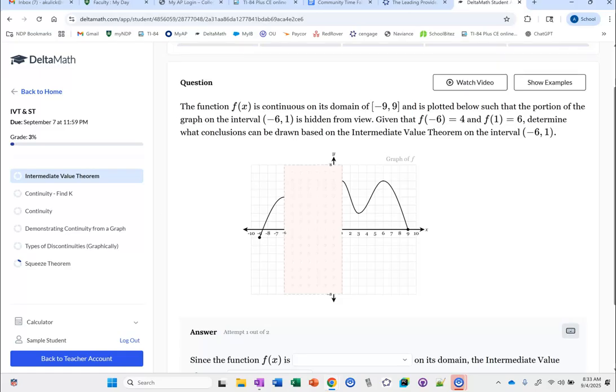It says the function f of x is continuous on its domain of -9 to 9, and is plotted below such that the portion of the graph on the interval from -6 to 1 is hidden from view. Given that f of -6 is 4 and f of 1 is 6, determine what conclusions can be drawn from the intermediate value theorem on the interval -6 to 1.